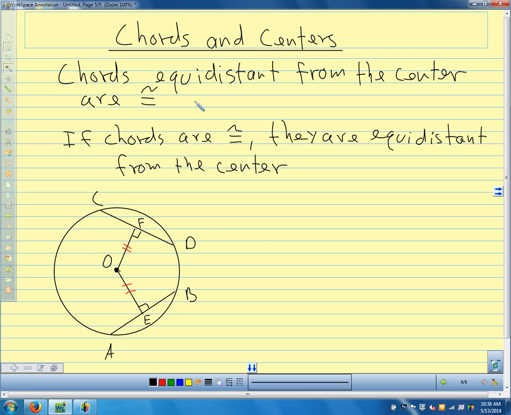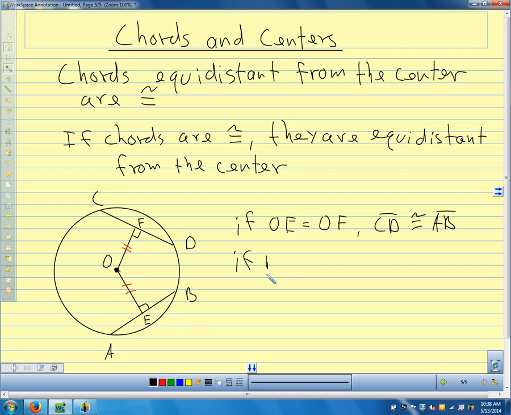So if the chords are equidistant from the center, so we're saying if OE equals OF, then the chords are congruent. CD is congruent to AB. And we can say it the other way around.